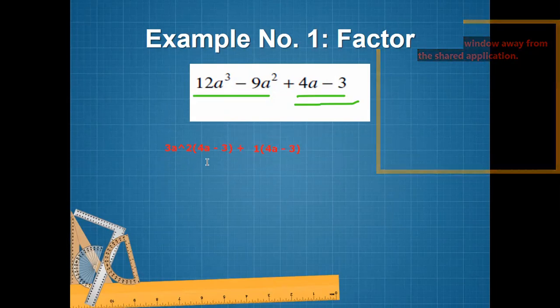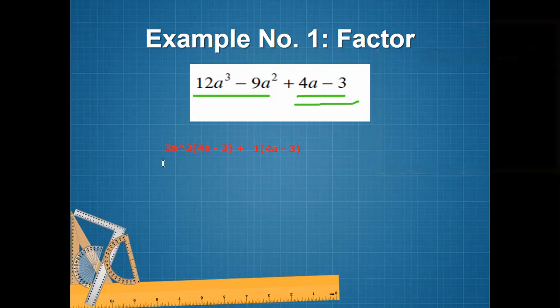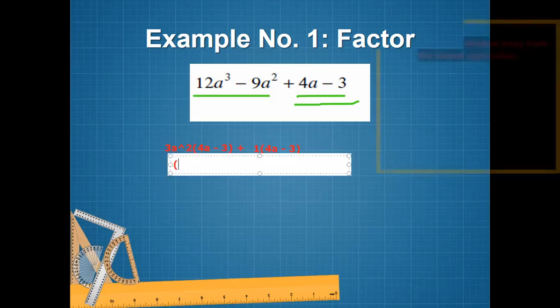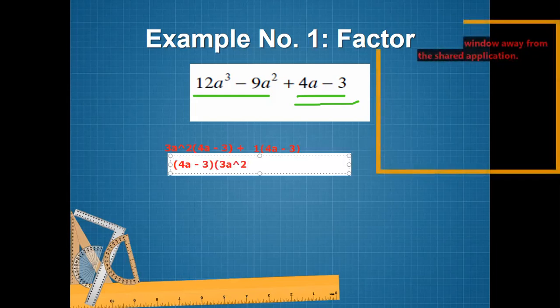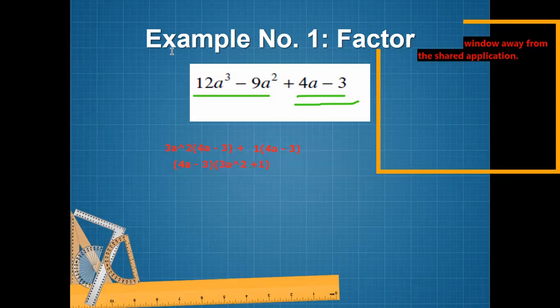Then we simplify by factoring out the common factor 4a minus 3, multiplied by 3a squared plus 1. So this will be the answer for this particular problem.